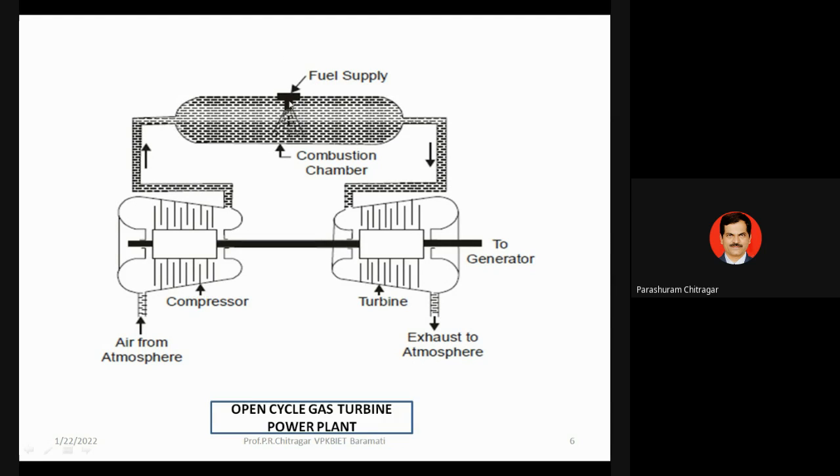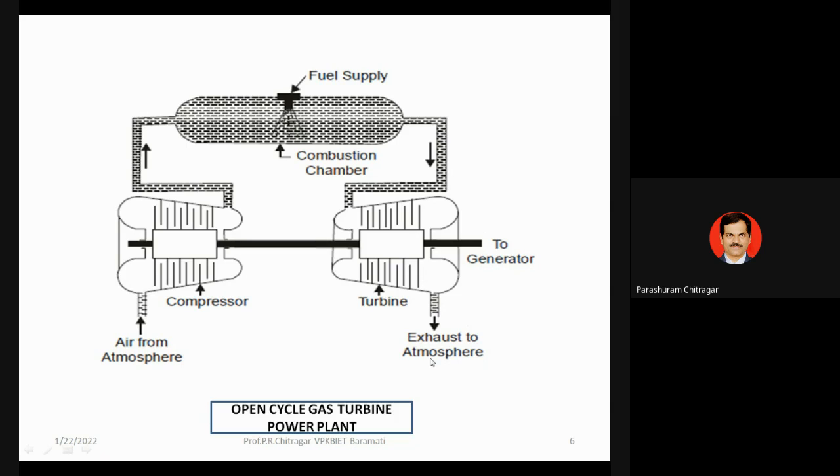Now burning of this fuel takes place, and the combustible gases mix with the compressed air. The gas coming out of this combustion chamber is fed to the turbine. Then it does the mechanical work here, and it is connected to the electrical part, so we are able to get the power generation. And then after doing the work in the turbine, this gas is exhausted to the atmosphere.